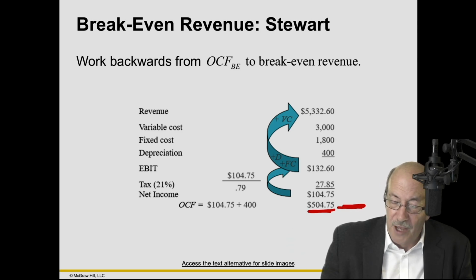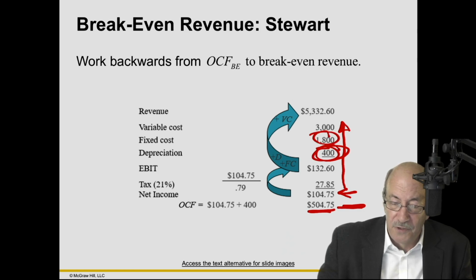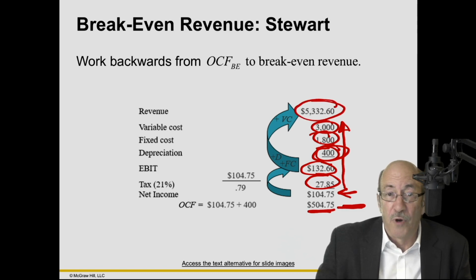We subtract off of that 504 the 400 million in depreciation, and that gives us a net income of $104.75 million. And then we work our way back up the income statement. 400 is fixed, 1800 is fixed, but obviously our taxes change. Our EBIT is going to be different because our variable costs are different. And then we can calculate a revenue at which we will break even with our operating cash flows.